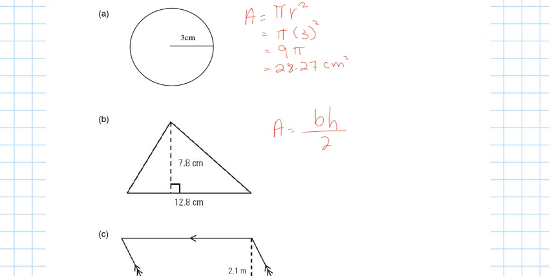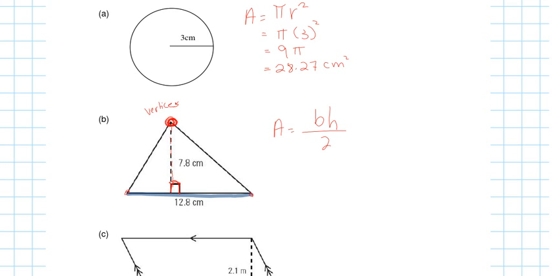Okay? So if this is your base, your height is the line that goes down from the vertex, and then goes down perpendicular to your base. So this is your vertices. You have 3 of them, okay? But you're looking at the one that's across from your base, and it's going down perpendicular to your base.